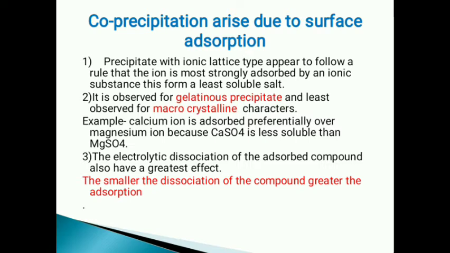The electrolytic dissociation of the adsorbed compound also has a great effect. The smaller the dissociation of the compound, the greater is the adsorption. If our compound is less dissociated into ionic form, it has greater adsorption.